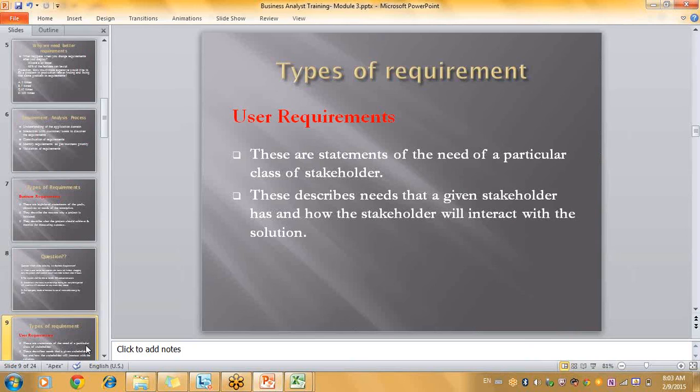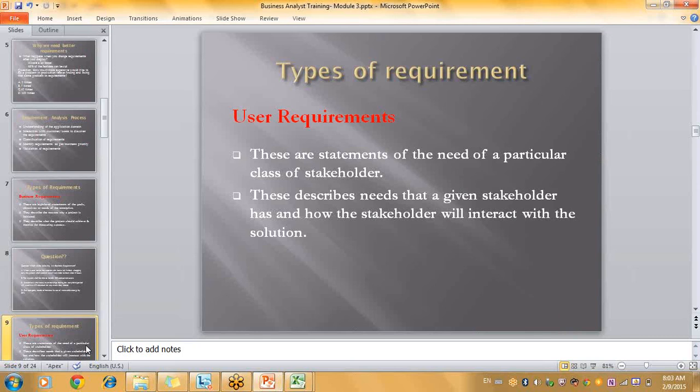This basically deals with how your UI will look, how the user goes to the website, how my login screen will look, how I as a user interact with that website, how I will search for the product, or how I will navigate from one page to another. We take these under user requirements, right?